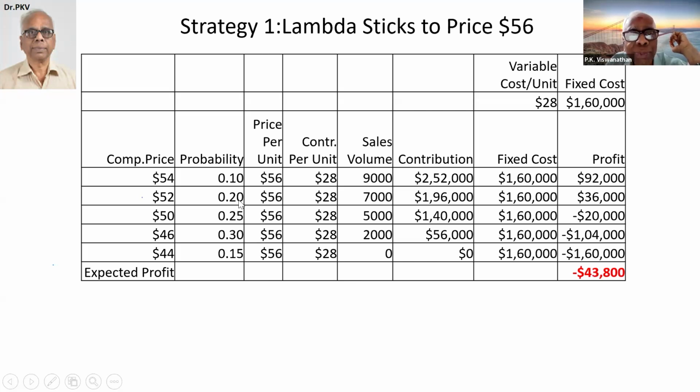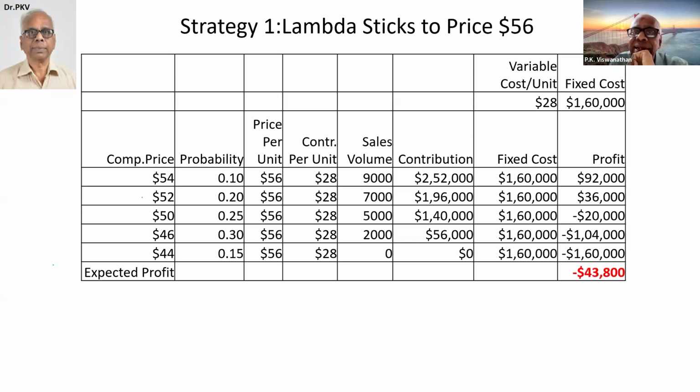Multiply with 0.1, 0.2 corresponding thing, and then add, you will get minus $43,800 or a loss of $43,800, strategy 1 by Lambda.